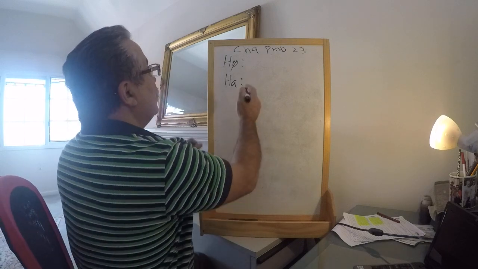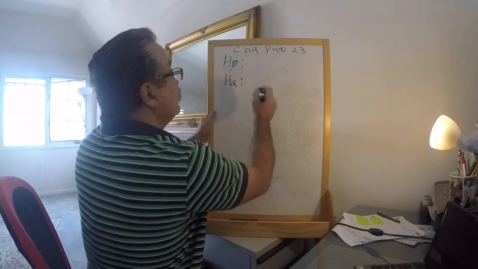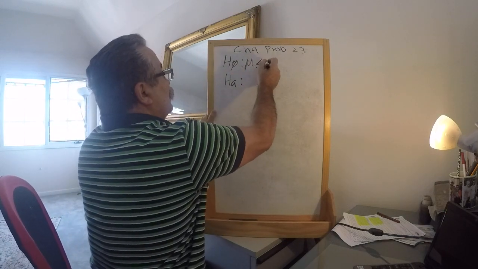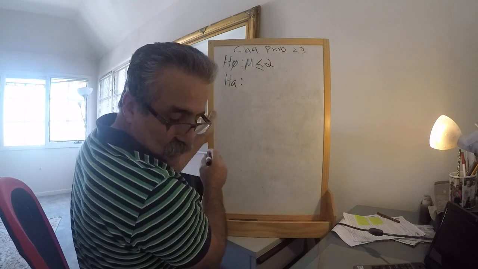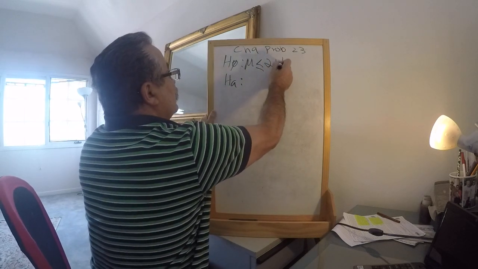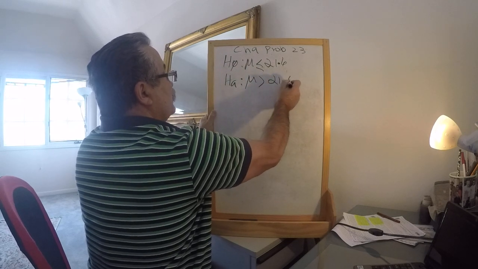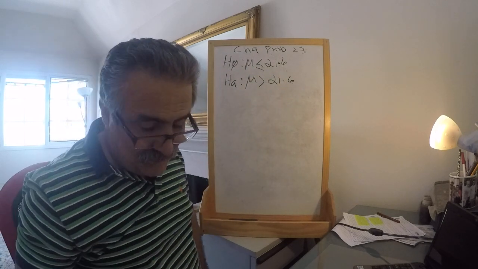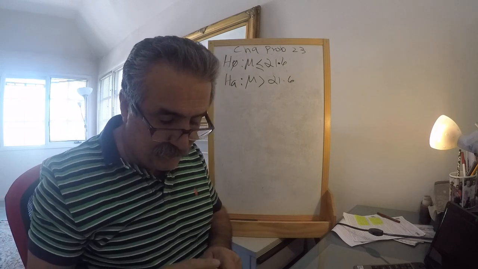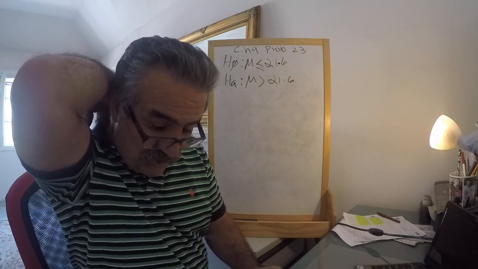So H0 states that mu is less than or equal to 21.6. Ha: mu is greater than 21.6. Now, why do we come up with this assumption?